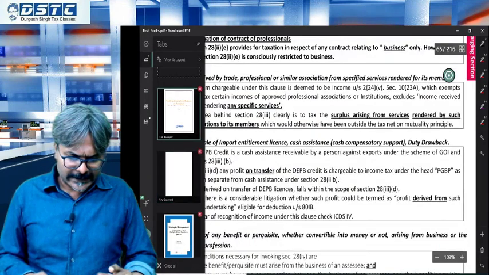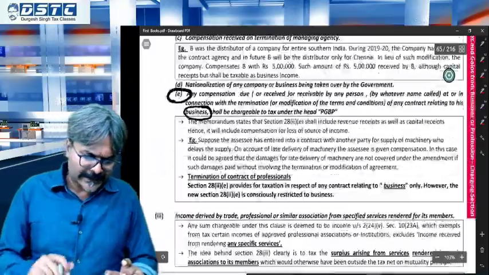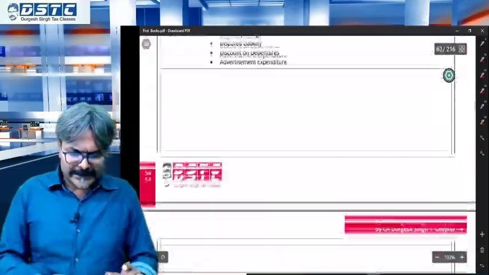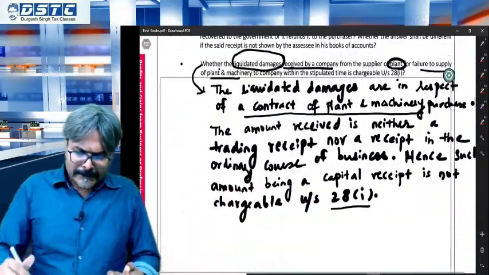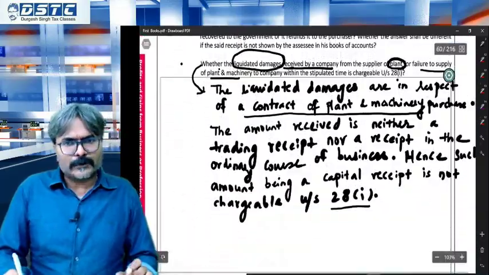Here in your write-up, you have made a mention of 28.1.